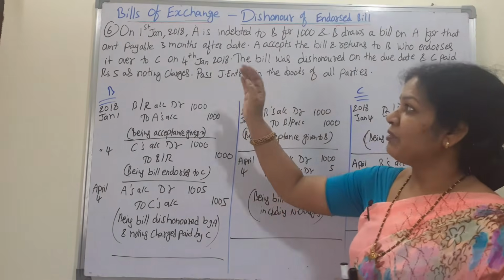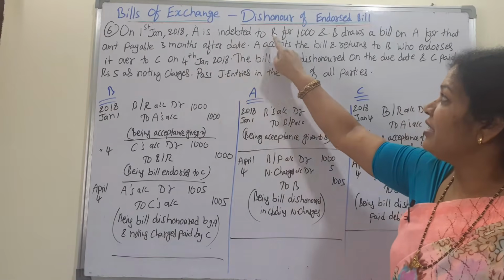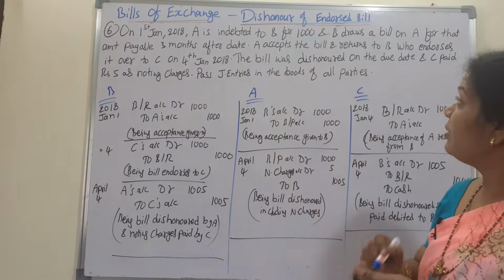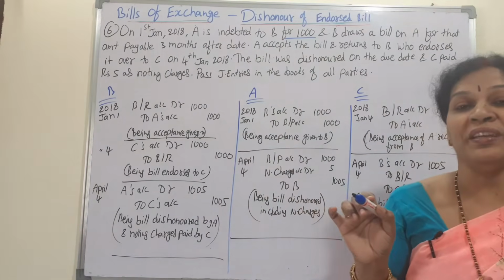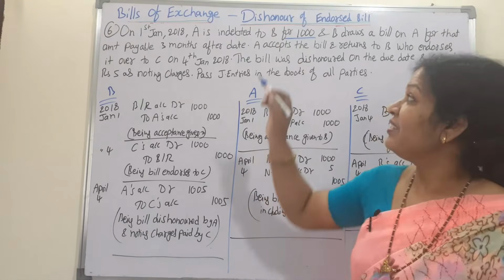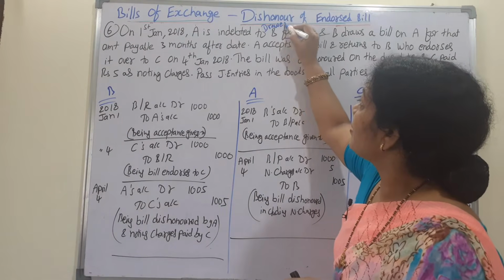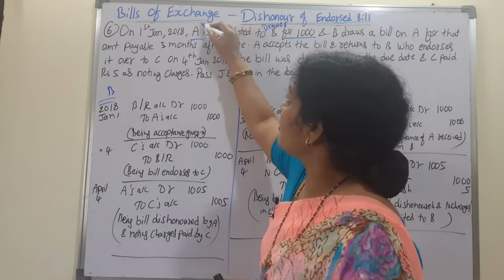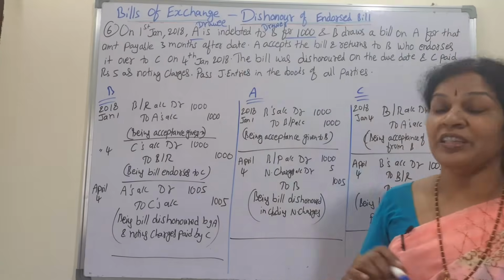So the problem is given here. On 1st January 2018, A is indebted to B for 1000 rupees. A is indebted to B, means B is the drawer and A is the drawee. Do not get confused here.